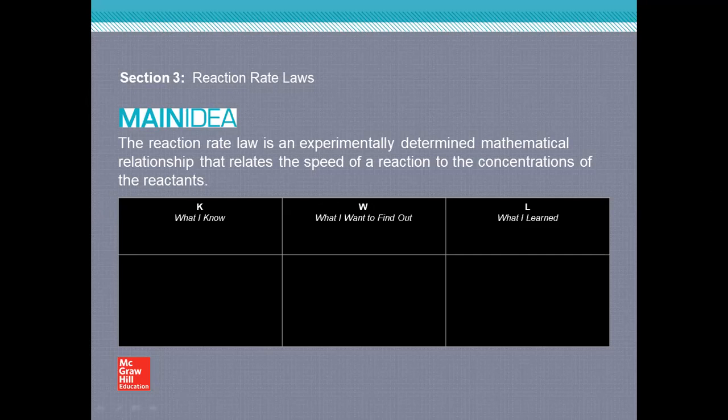The vocab that we studied before: reactant. What's meant by reactant? It means the substance that enters the chemical reaction. This reactant will be changed to produce a new product after the reaction ends.